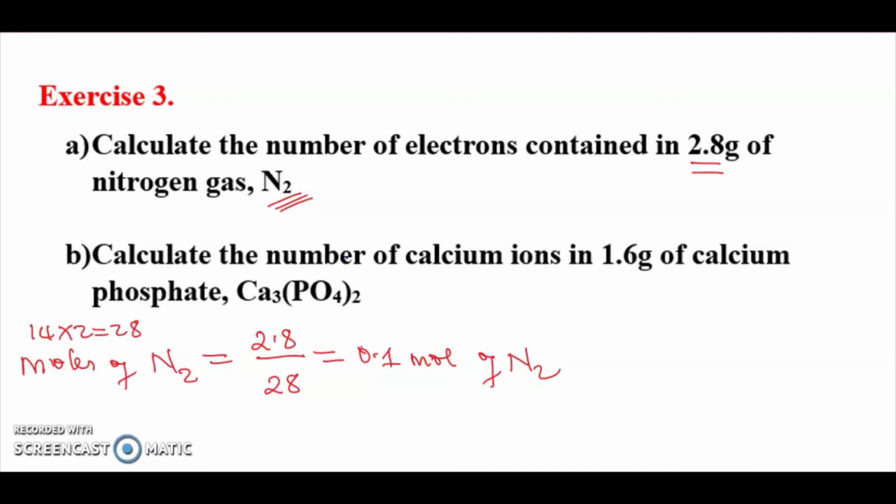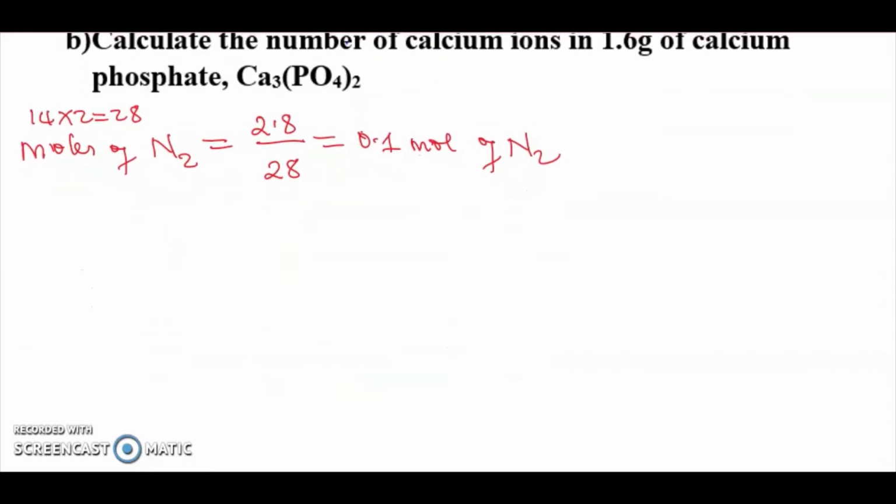Okay. Now, but I want us to note that, let's write it down, one atom of nitrogen, one atom of N contains 7 electrons.